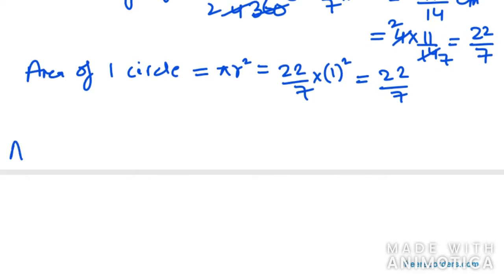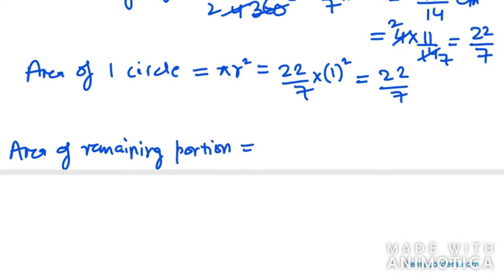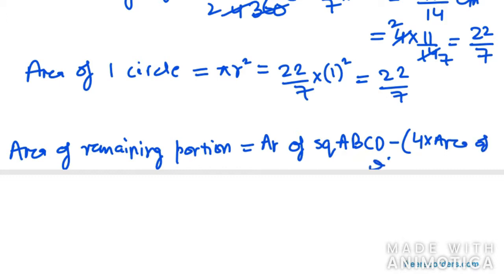So the area of the remaining portion is: the area of square ABCD is 16 and the area of 4 quadrants is 22 over 7 and the area of the circle is again 22 over 7.